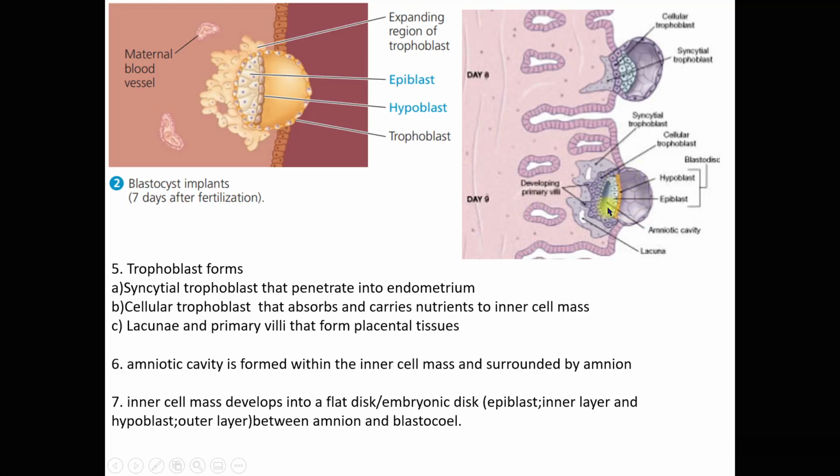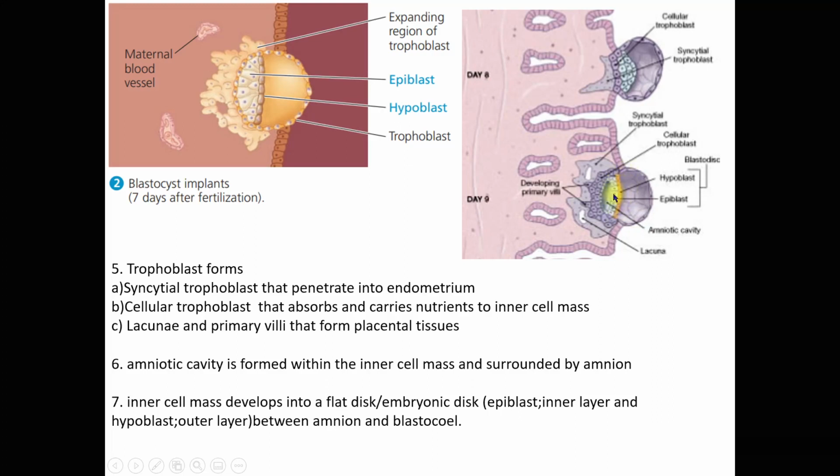This is the embryonic disc, and it consists of the epiblast. You can see this epiblast here, which is the inner layer of the embryonic disc, and then the hypoblast, which is the outer layer of the embryonic disc.